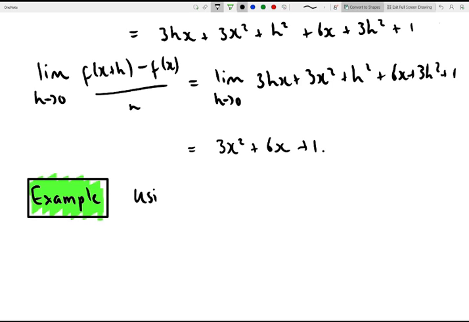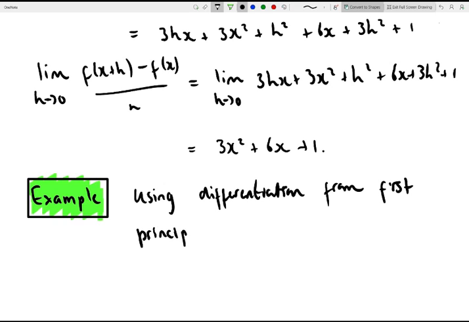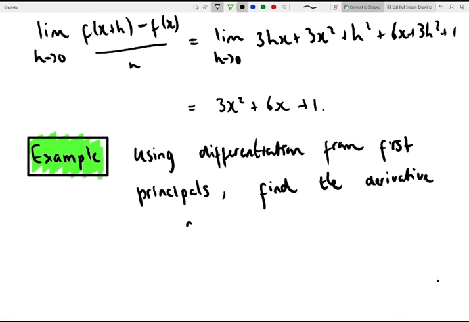So using differentiation from first principles, find the derivative of f of x when it equals x to the n.